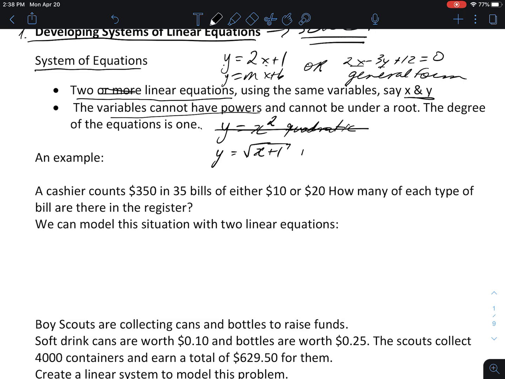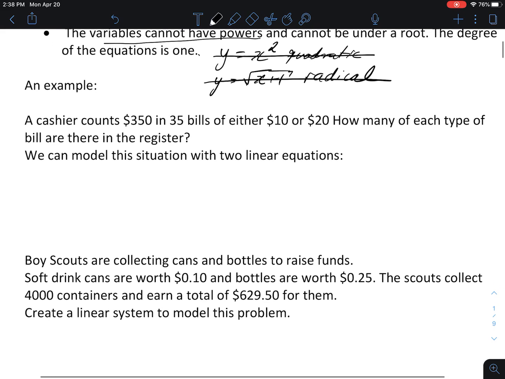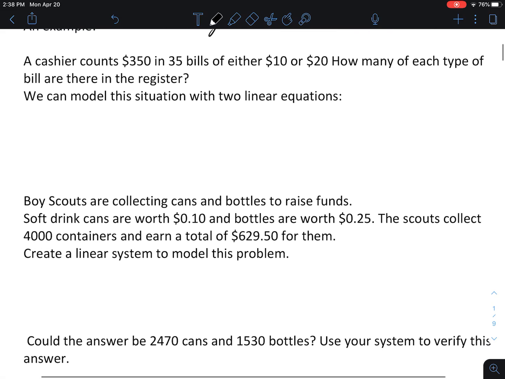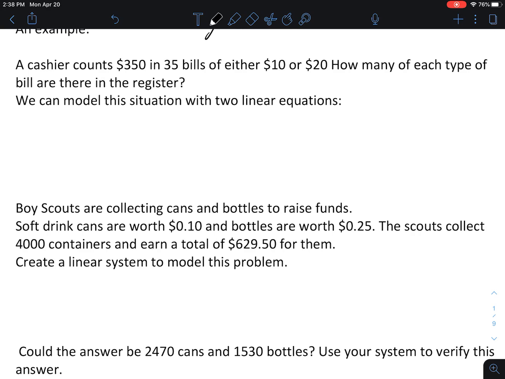I'm not going to have something like the square root of x plus 1 or square root of x even. This is a radical function. So this is not what we're after. We're looking at just linear functions, linear equations.